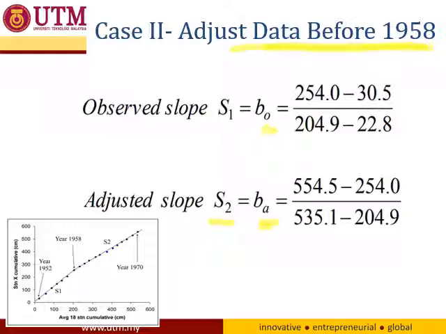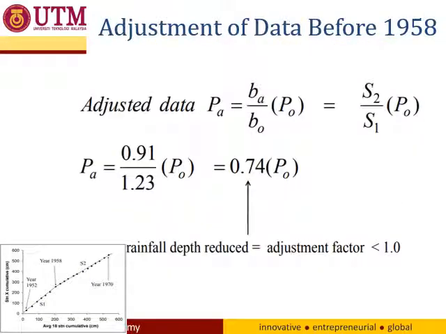So we may say that the adjusted slope is S2. You can calculate the slope based on your data. Here we see PA, the P adjusted, which is the data before 1958. We just want to adjust the data before 1958, so follow the formula PA over BA equals PO over BO.